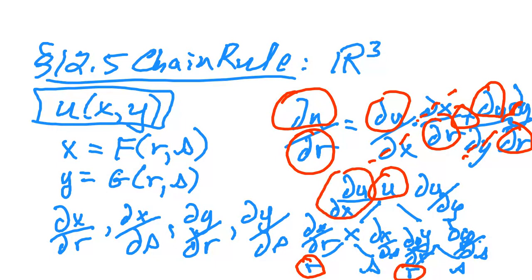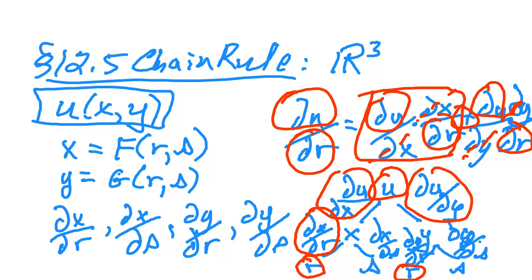The first leg, so to speak, is the partial of u with respect to x, followed by the partial of x with respect to R, and that's what we have right here. And then I also have branches that lead from u to R down here, so that'd be the partial of u with respect to y, and then I would have to go this way, partial of y with respect to R, and if you notice, that leg is given right there, and then we're going to add them together.